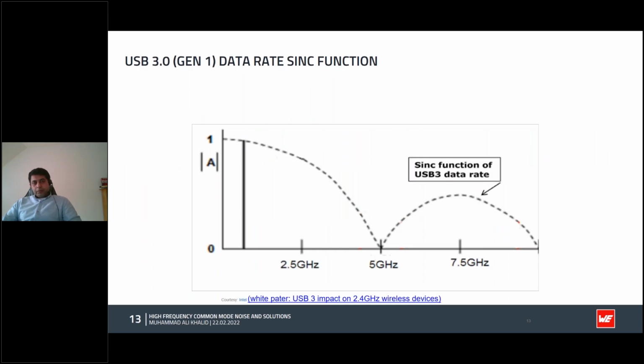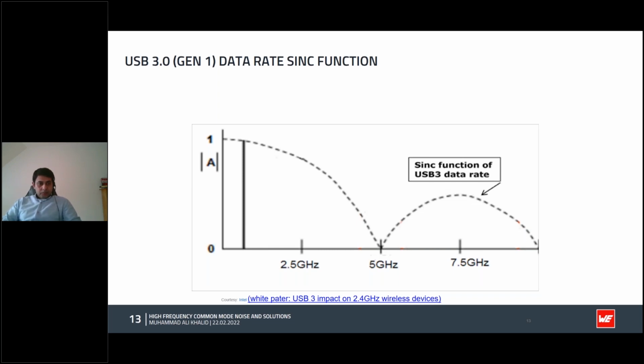Just to give a brief example of where this filter can be used, here's an example of a 2.4 gigahertz noise generated by a USB 3.1 Generation 1 transmitted signal. The source for this data is Intel's white paper, titled USB 3 Impact on 2.4 gigahertz Wireless Devices.